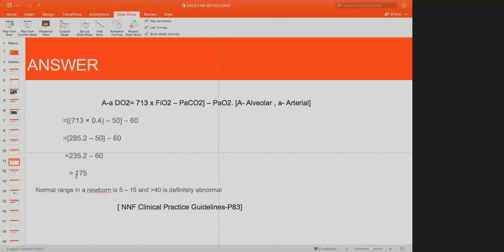Normally there is a physiological VQ mismatch, but if there is severe hypoxemia and a significant VQ mismatch, the AaDO2 will be significantly increased. If it is more than 40, it is definitely abnormal. In this case, it is 175, which is very, very high.